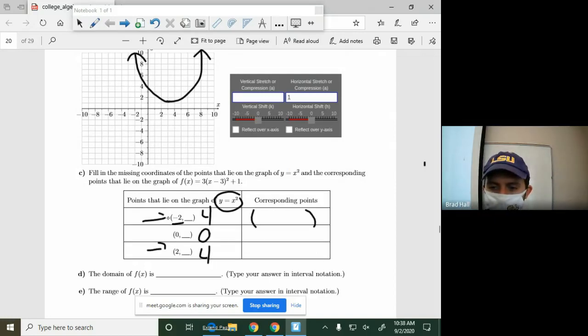What happens if you shift -2 to the right 3? You get 1. So that's your new x value. If you shift 0 to the right 3, you get 3. If you shift 2 to the right 3, you get 5.